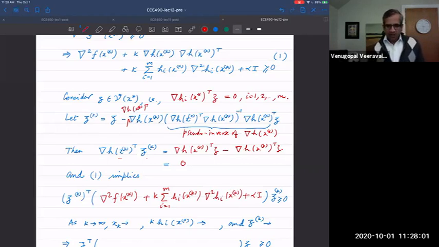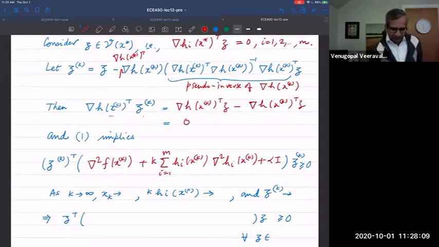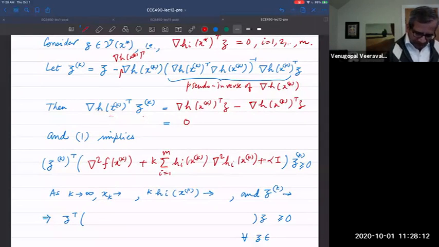Now I'm going to let k go to infinity in this equation. If k goes to infinity, what happens? As k goes to infinity, of course, we know that x^k goes to x star. That we already showed.